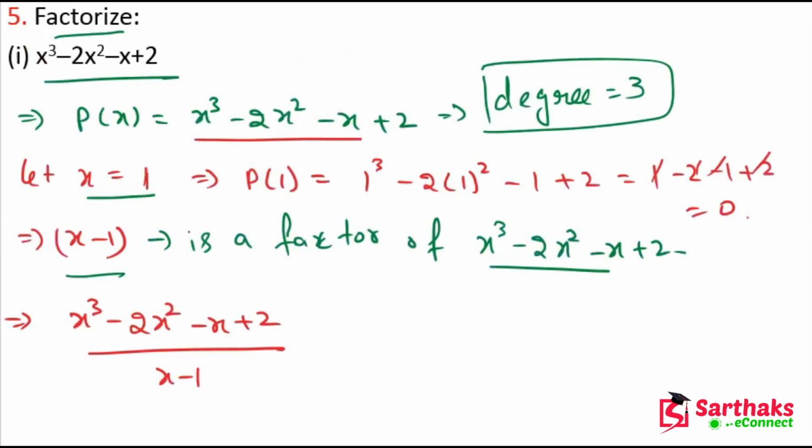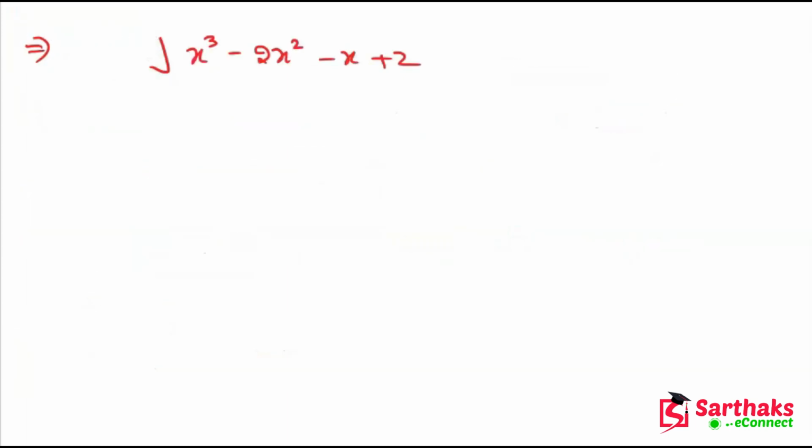So we have, my dear friends, x cube minus 2x square minus x plus 2, and we have to divide it by x minus 1. Okay, so now we know very well that this is the long division method, and we have already learned about this method. In this method, this is the dividend and this is the divisor.